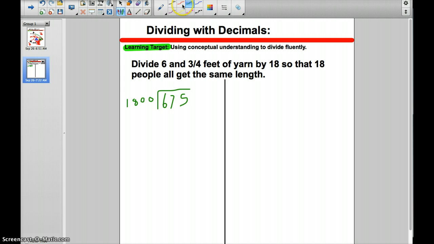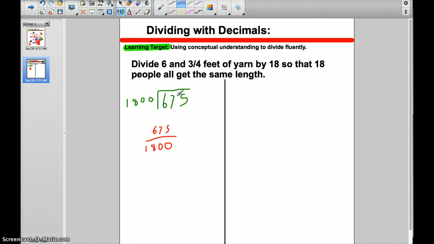So like in the previous problem, what I do right away is I look at the problem in a slightly different way. I'm going to write 675 over 1800, or 675 1800ths. And I know one thing right away.